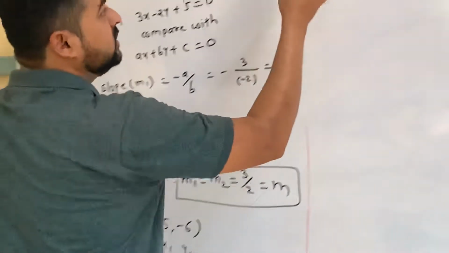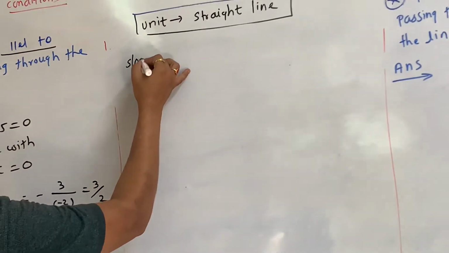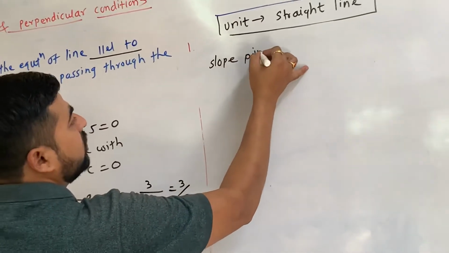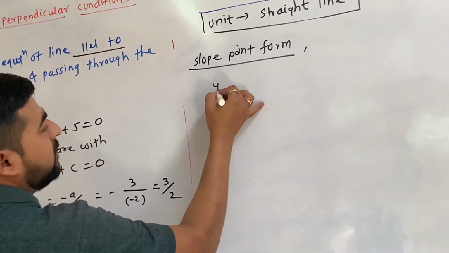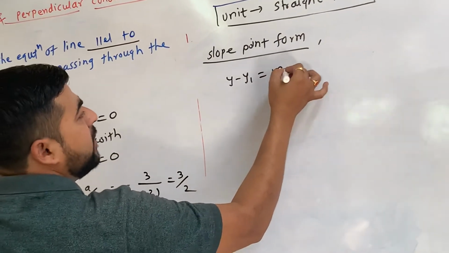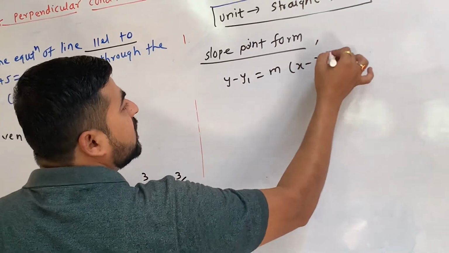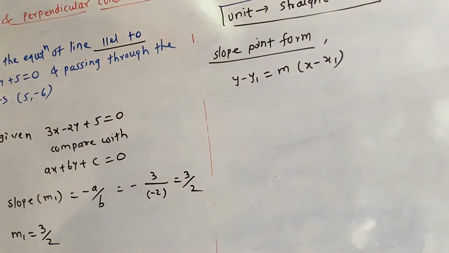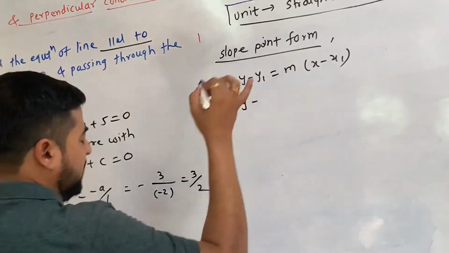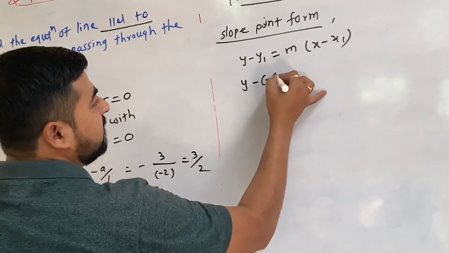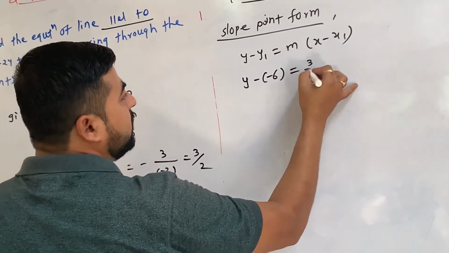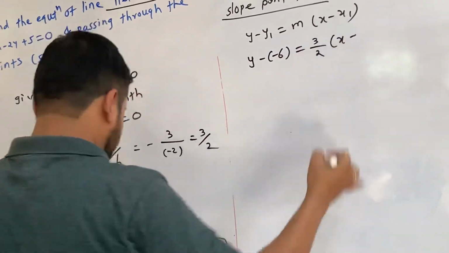Now we use the slope point formula: y minus y1 is equal to m times x minus x1, and find the standard line equation. y minus y1, where y1 is minus 6, is equal to m, 3 by 2, times x minus x1, which is 5.